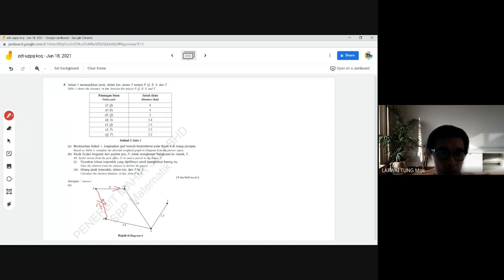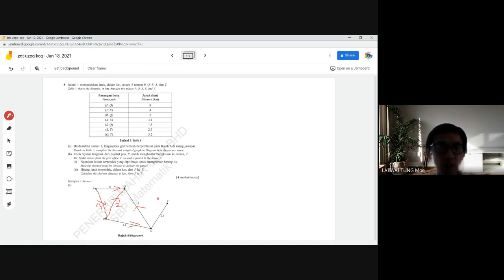Okay. So next is RQ. R to Q. So draw a straight line from R to Q with the arrow and the km. This is 2. Next is RS. RS is already drawn for you, but without the arrow, so you have to add in the arrow. It is 3.4. And then SQ. SQ is here, 1.5.